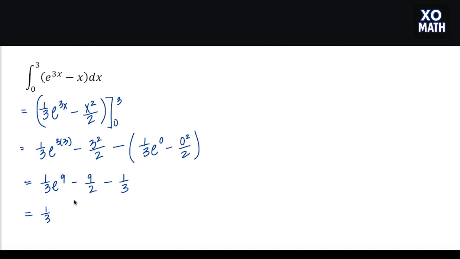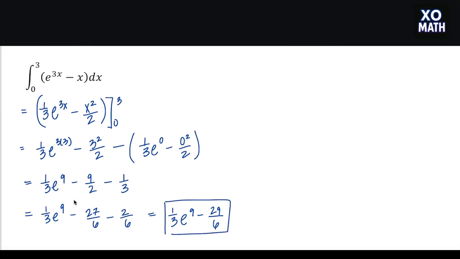So we'll have 1/3 e to the 9th. And then if we multiply the top and bottom by 3, we'll have 27 over 6. Multiply the top and bottom by 2, we'll have 2/6. So now we'll have 1/3 e to the 9th minus 29 over 6 as our numerical answer.